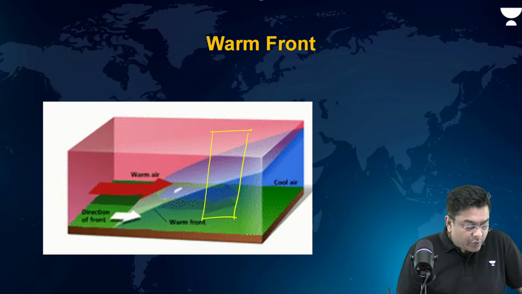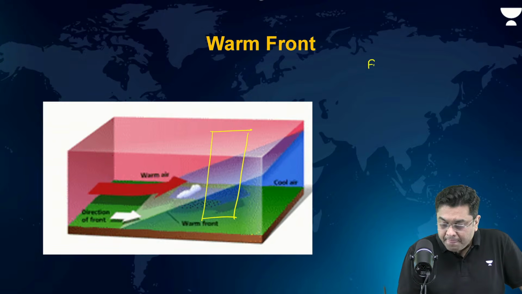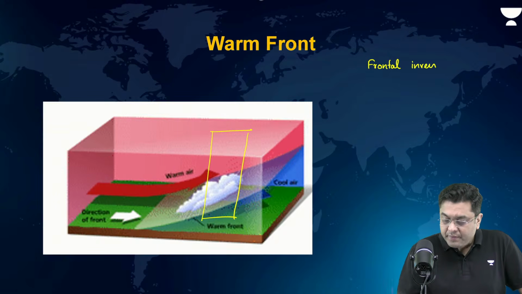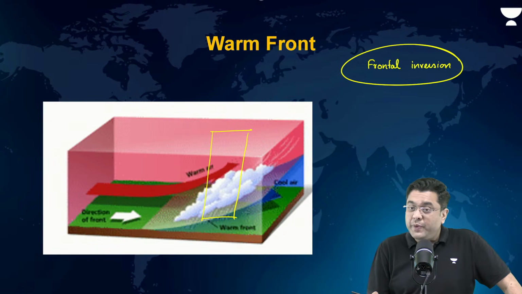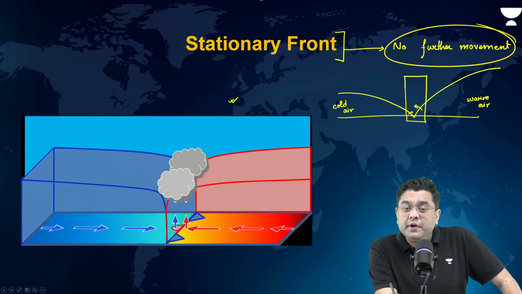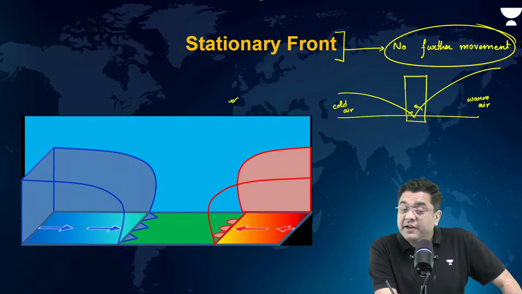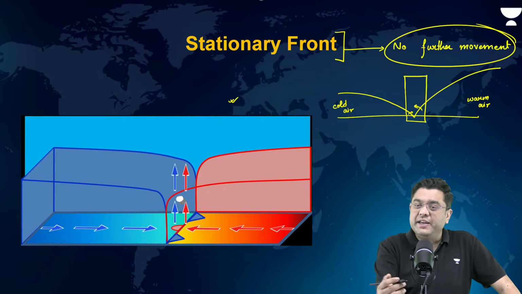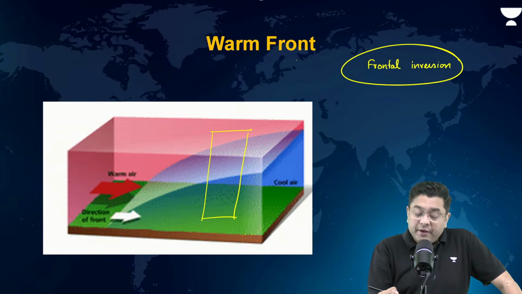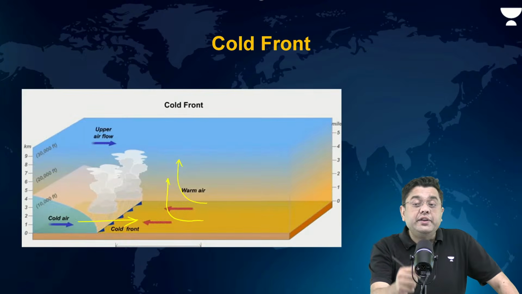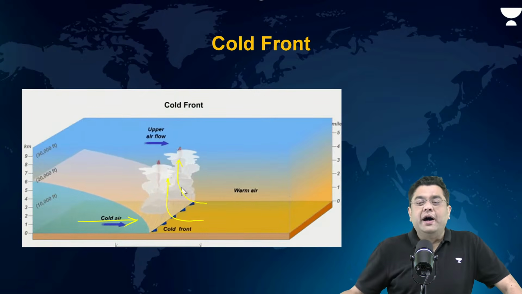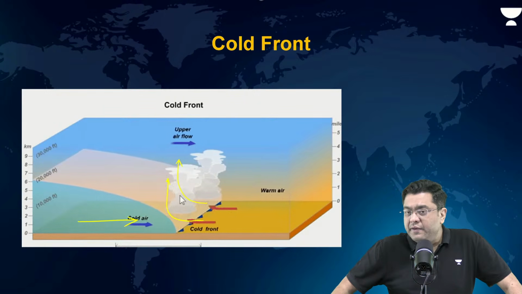This is what is referred to as the condition of frontal inversion that we studied last week. Do we have the case of frontal inversion in this case? No. Frontal inversion is not common in a stationary front. But frontal inversion will be common in a warm front. Frontal inversion will also occur in the case of a cold front, right? So that is how you have the case of frontal inversion.